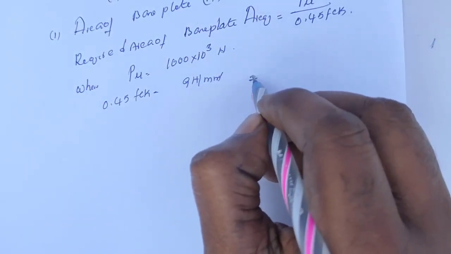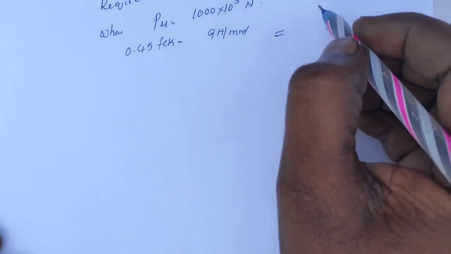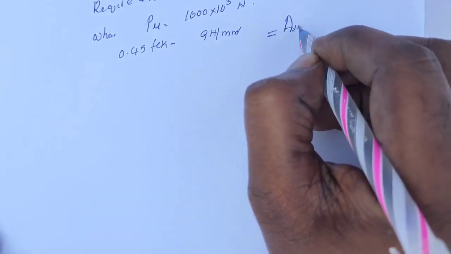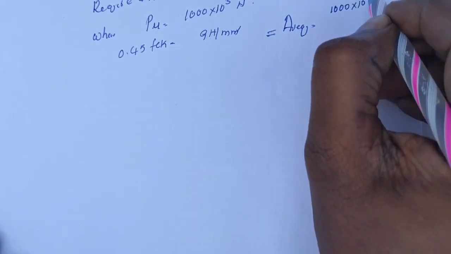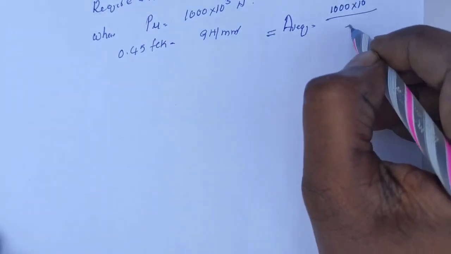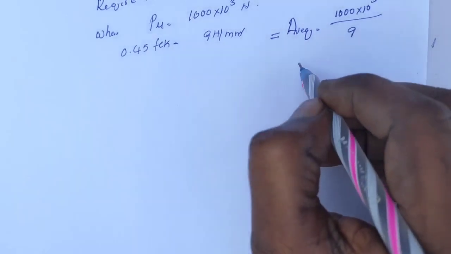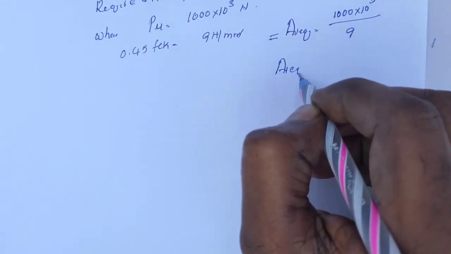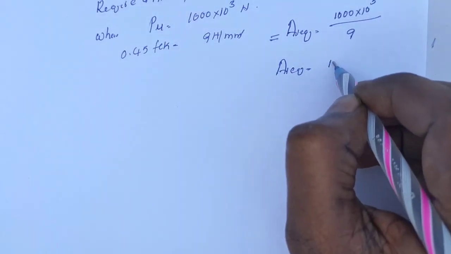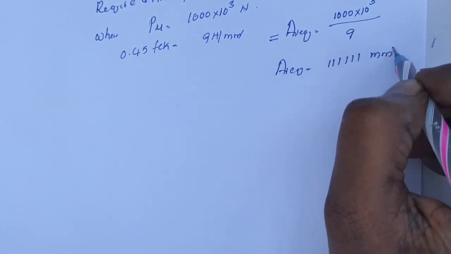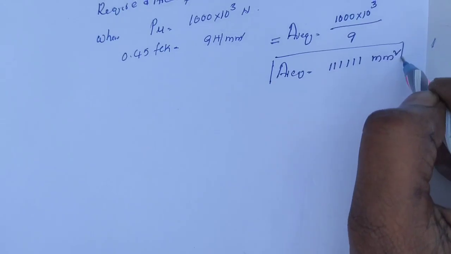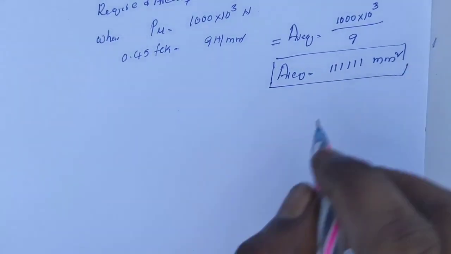Substituting, A required is equal to 1000 multiplied by 10³ by 9. Therefore, A required is equal to 111111 mm square.